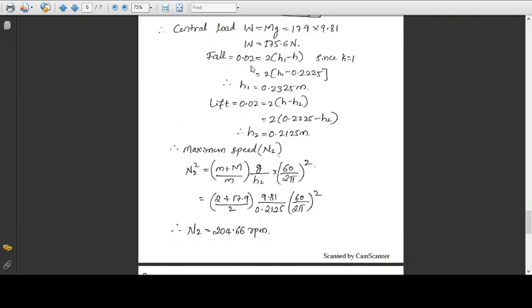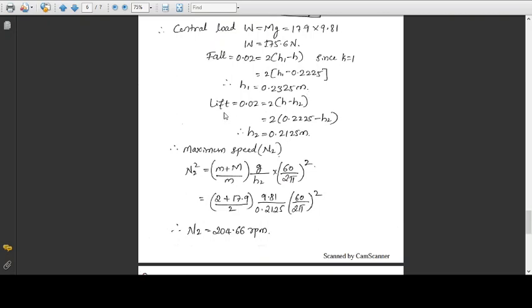In this equation the only unknown is h1, because the fall is 0.02 meter and h we have already calculated. From this we will get the value of h1 as 0.2325 meter.